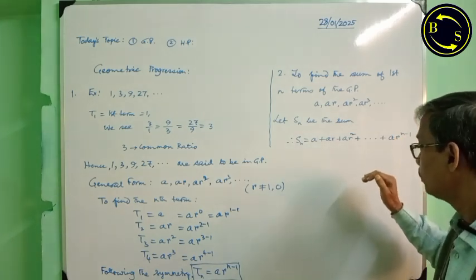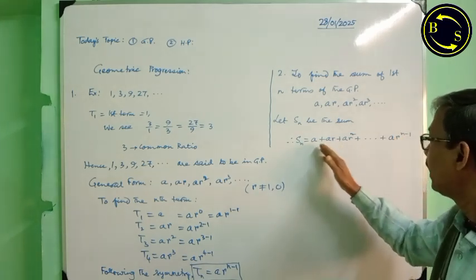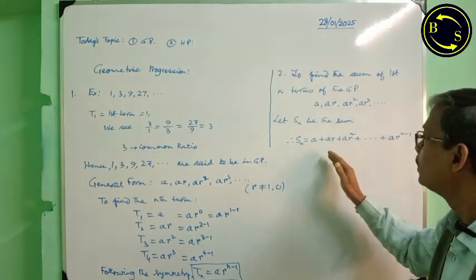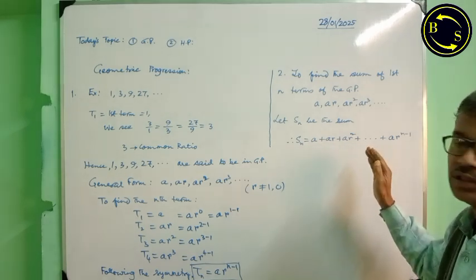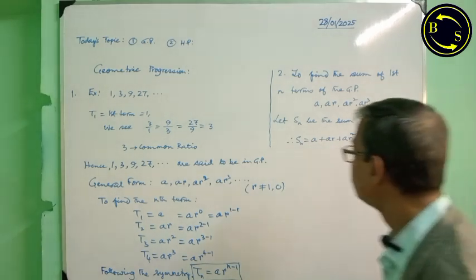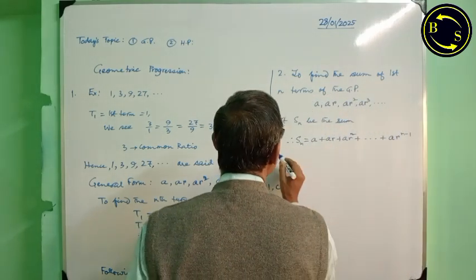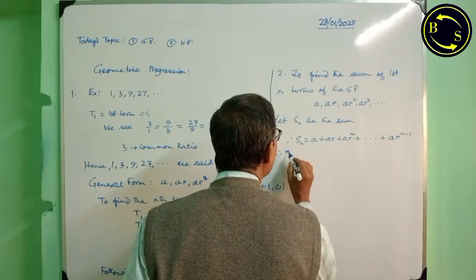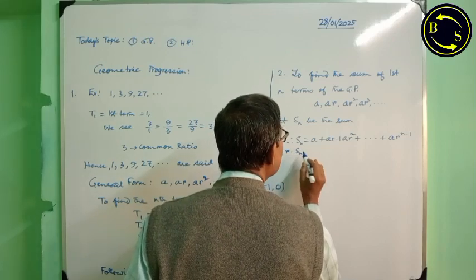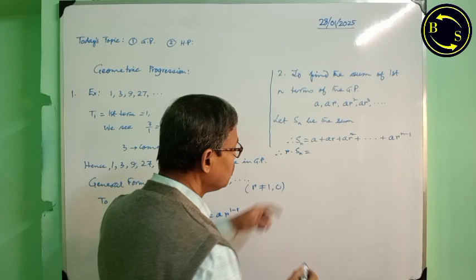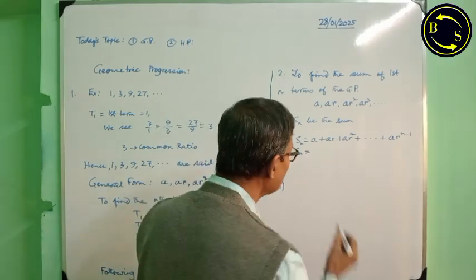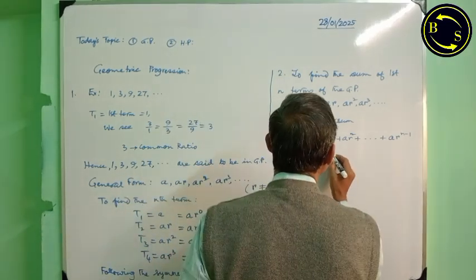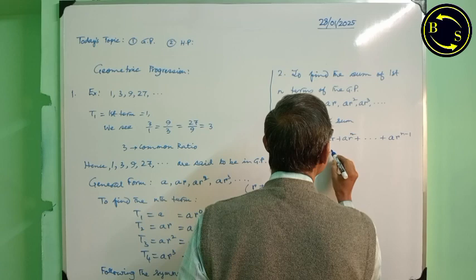Now, the trick we apply, we write the right terms shifting one place. Follow that. Therefore, r into Sn is equal to, first product will be here. I write that shifting one place.